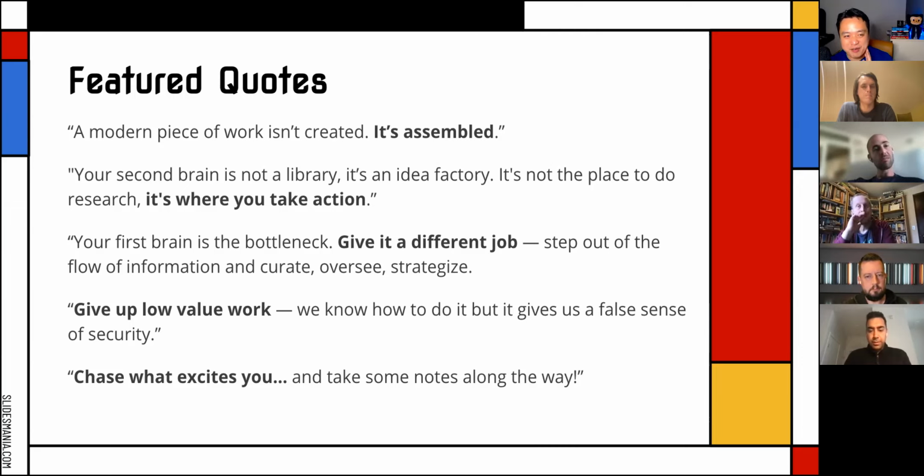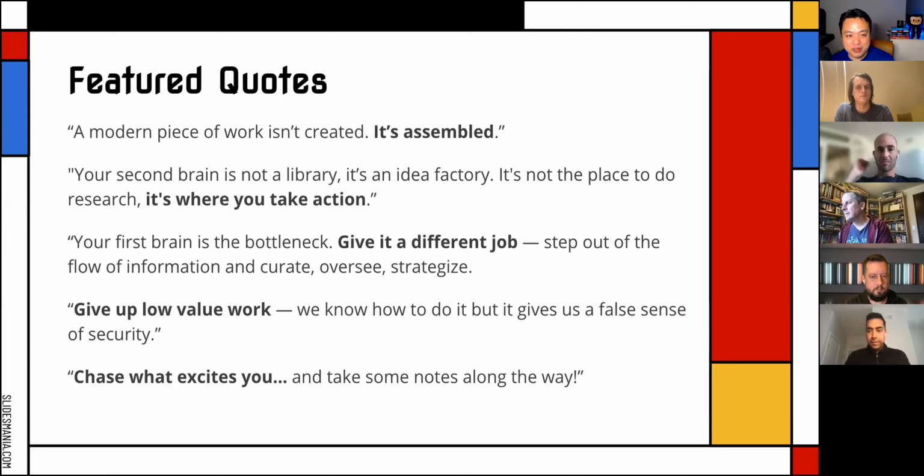I have my own Dewey Decimal System and I just slot the stuff there, and I don't really set it up for internalization or summarization. So I need to do more personally to make it more of an idea factory where I take action, because right now I just do a lot of just-in-case storage, and it's not meant to do that.